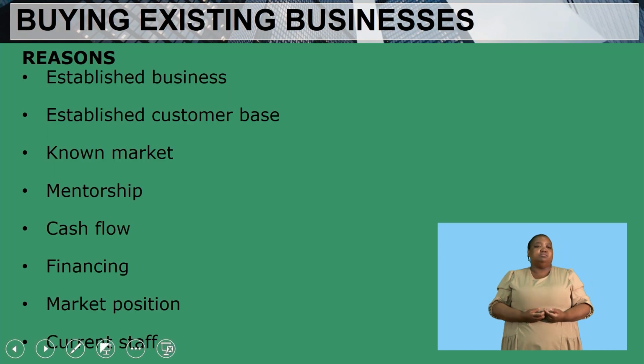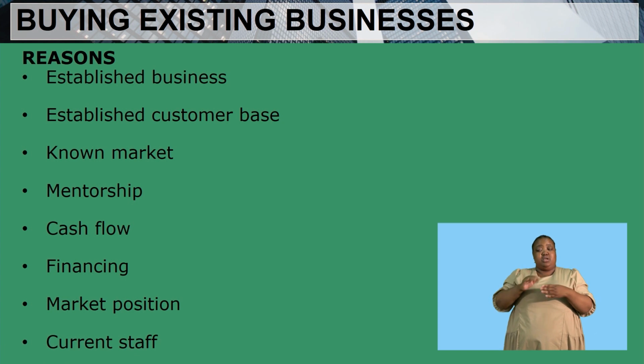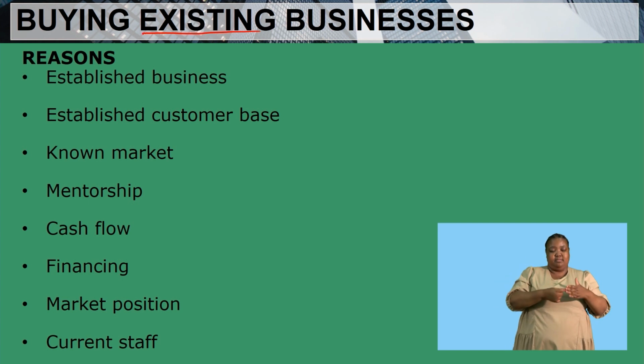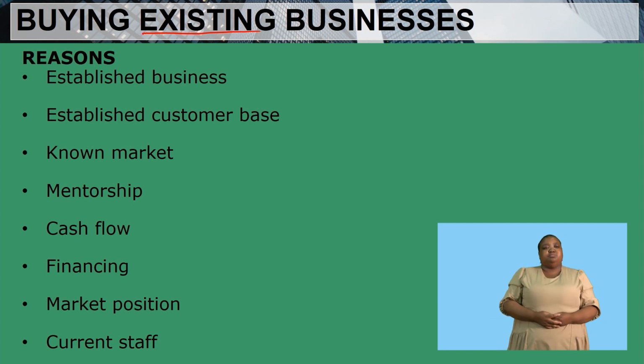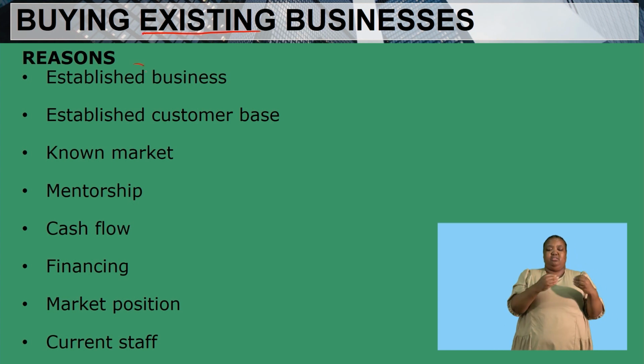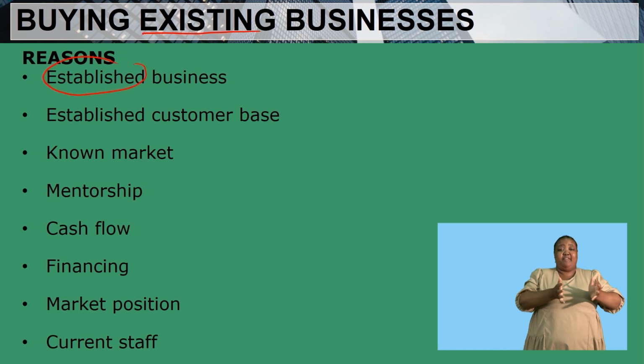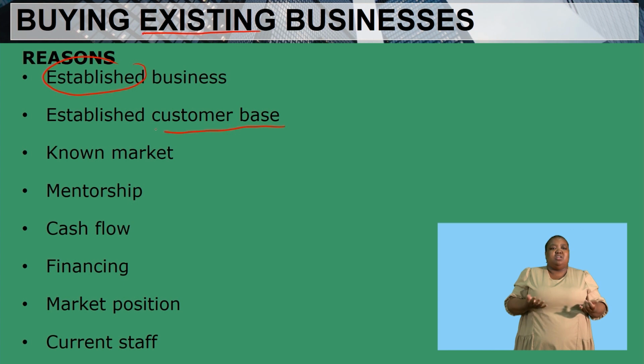Let's now look at the reasons why other owners prefer to buy an existing business instead of starting a completely new business. This is because the business is already established, meaning that customers already know about it. And because they know about it, we already have a customer base. We have people that are already buying a product.